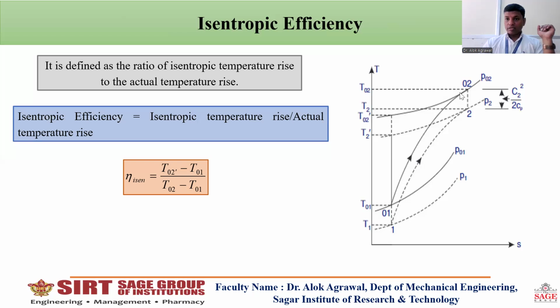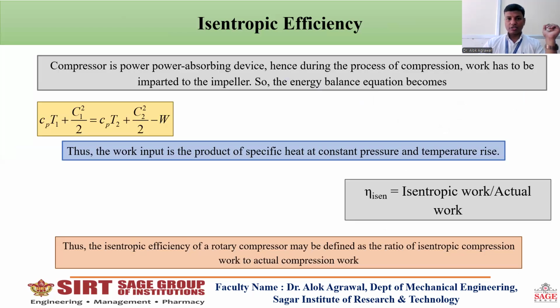And T02 minus T01 will always be greater than T02 dash minus T01. So isentropic efficiency, or any efficiency, should be less than 100%. And in terms of static conditions, we can write a similar thing: T2 dash minus T1 upon T2 minus T1. So this is about isentropic efficiency.